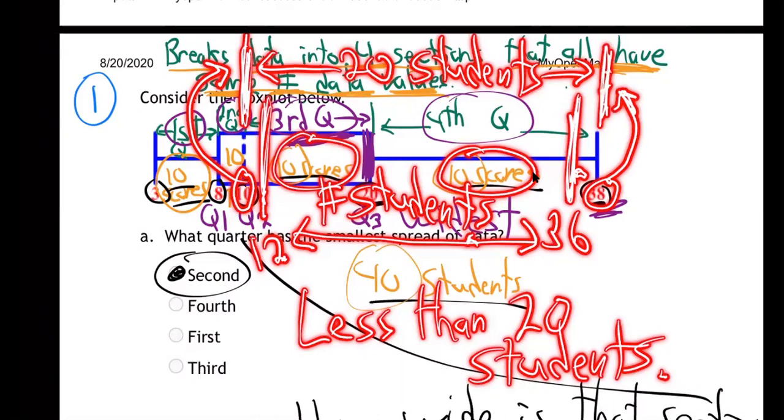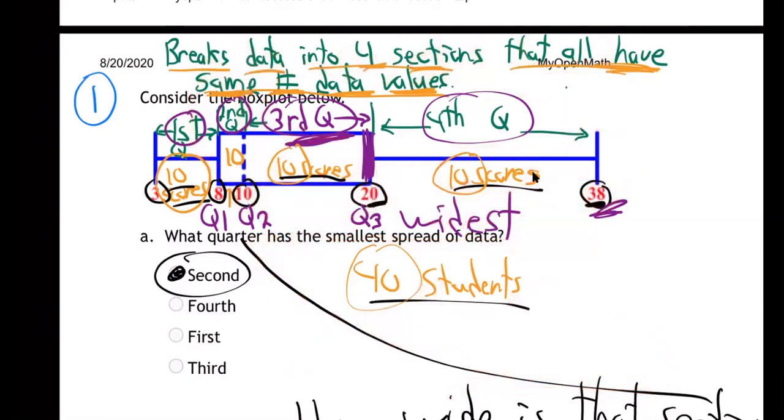Because that would have been the whole third quarter and the whole fourth quarter. And every quarter has 10 students, right? So that would have been 20 students. But they didn't go quite that far. They only went from 12 to 36, which is a little bit less than that whole section. So we're going to have less than 20 students.